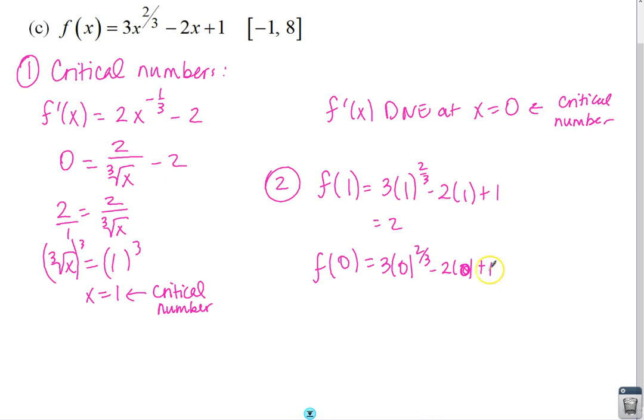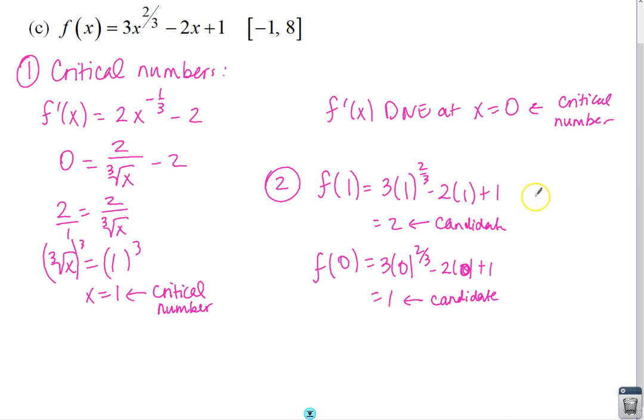That's a 0 right there, and you get 1. Okay? So remember we called this a candidate. This is a candidate for an absolute min or an absolute max. This is another candidate. I don't know which one it is, but this is a candidate.